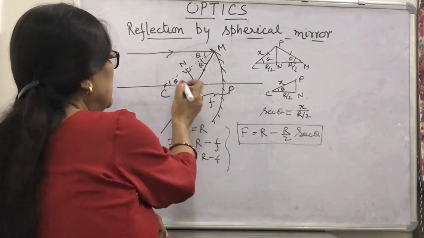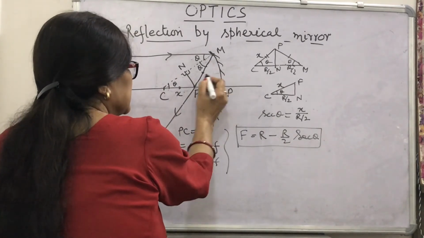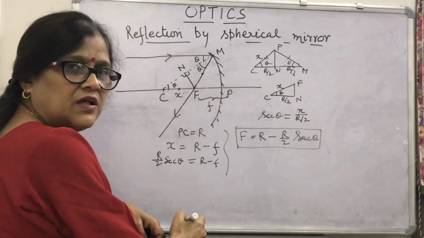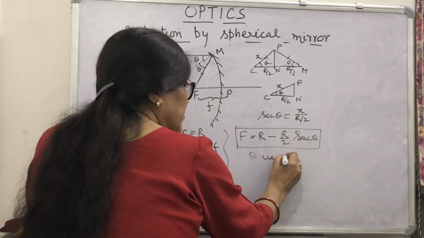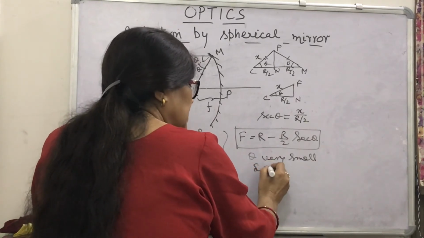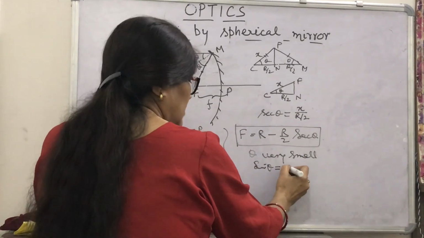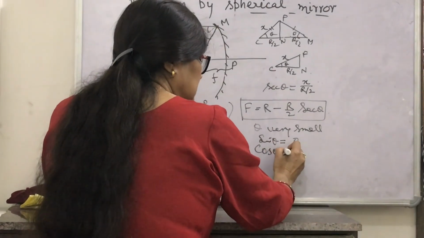What will happen if this ray is coming near to the axis, then this theta will be small, and you know for theta very small, sine theta is nearly 0 and cos theta is 1.